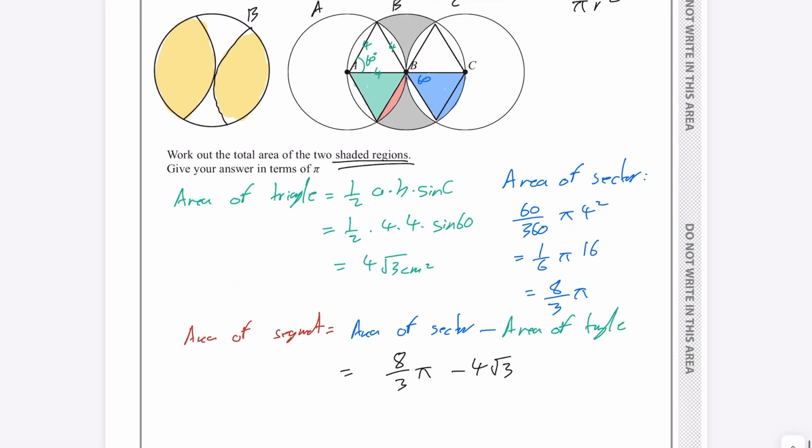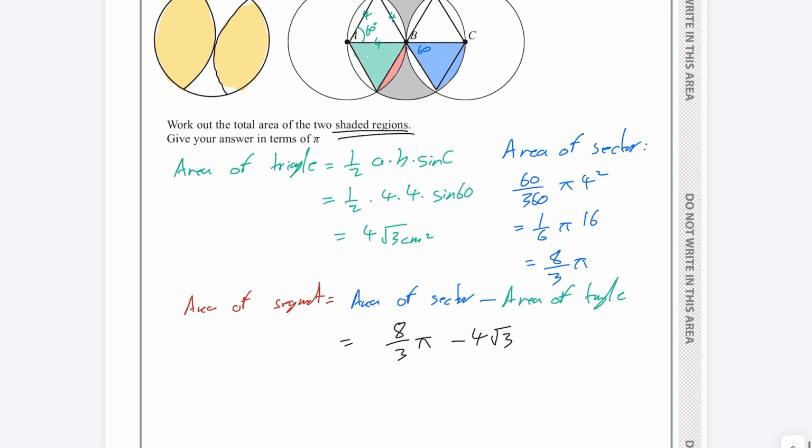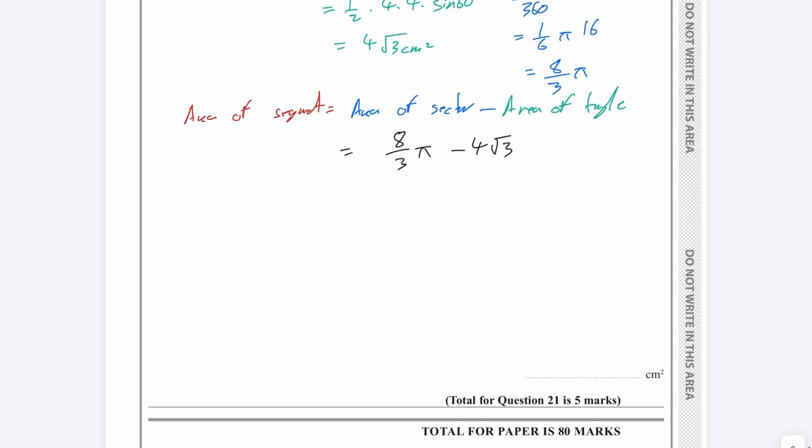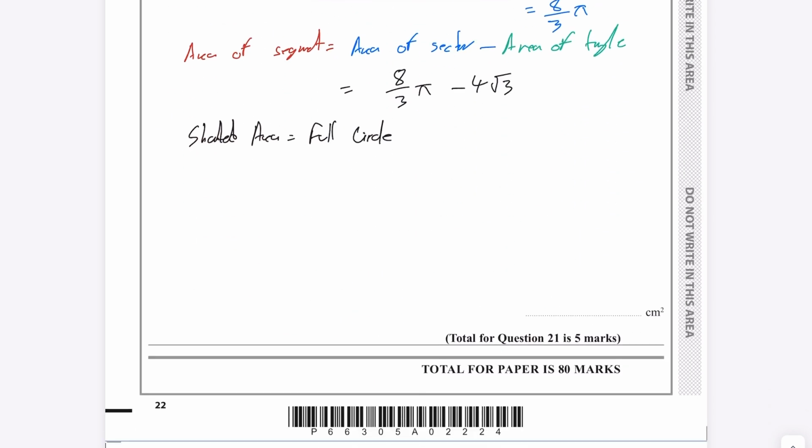So now hopefully you can see where we've gotten with this. So remember, our goal was to find the shaded area, and I said to you at the start that the shaded area is going to be the full circle, which we're just looking at circle B, that full circle, minus the 8 segments.